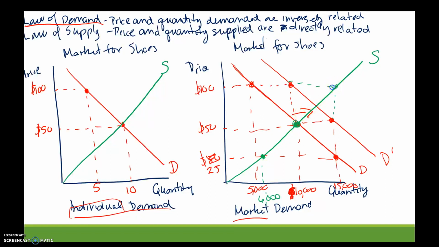What determines how much they're willing to supply at every price? It's actually their costs. And it's their costs, meaning the cost of leather, the cost of labor, the cost of electricity, just all their costs. And there's also a calculation of something in there called opportunity costs, which has to do with how much they could make if they sold something else.